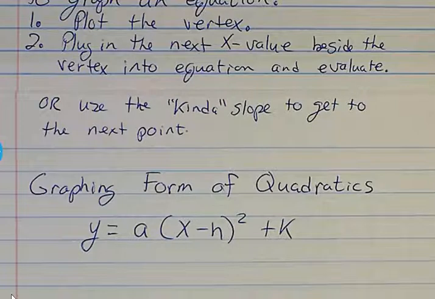When it looks like this, the graphing gets really straightforward, because this is what you want. That's why they call it graphing form. If you have it here, you can graph a quadratic really easy just with the information you've got here. Tomorrow we're going to look at what we do if it's not like this, how we're going to rearrange it to make it look this way.